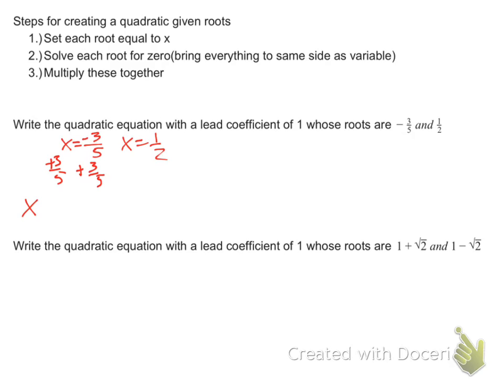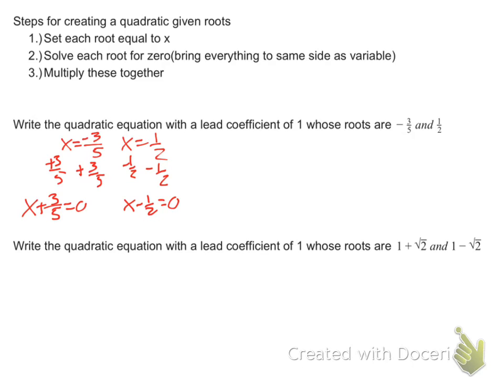So that means this is x plus 3/5 equals 0. If I subtract 1/2, x minus 1/2 equals 0. Right? That's nothing big. The last step says multiply those two things together.